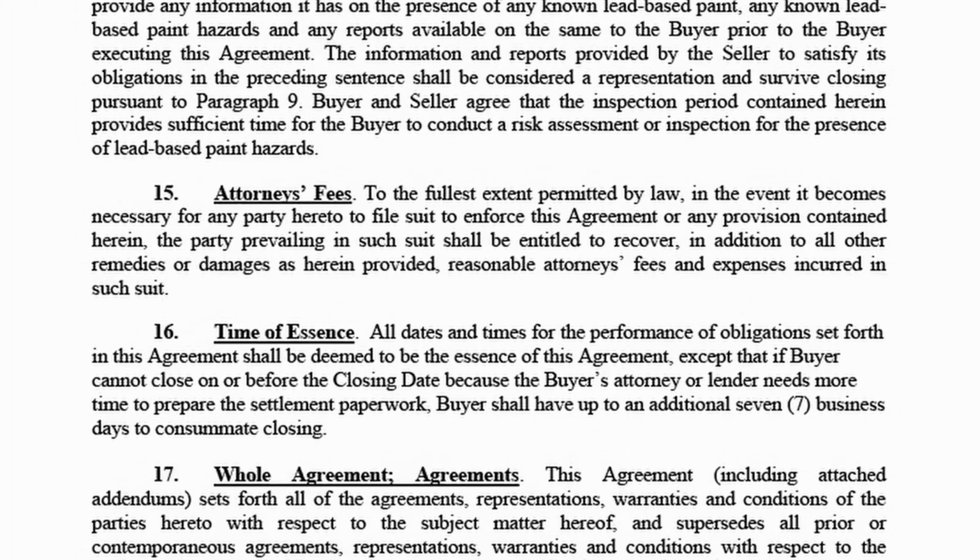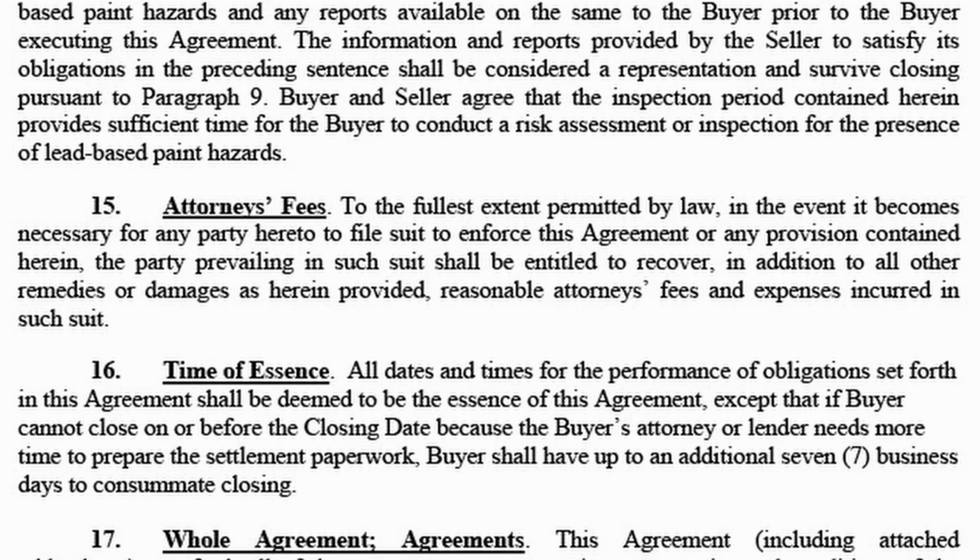Section 15, the attorney's fees provision. So this is a little bit tricky because if the matter converts to a landlord-tenant matter, then the landlord can't get attorney's fees from the buyer, who at that point is the tenant, because the landlord-tenant code says you can't do that.